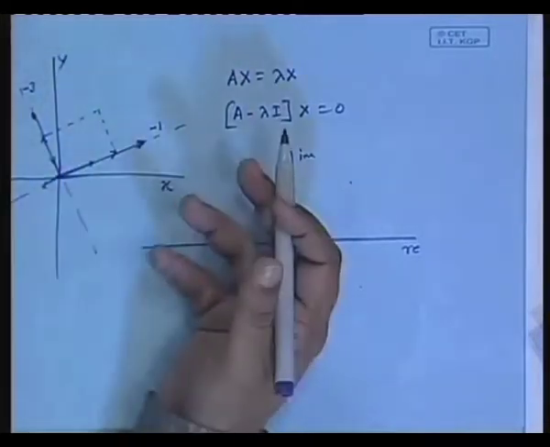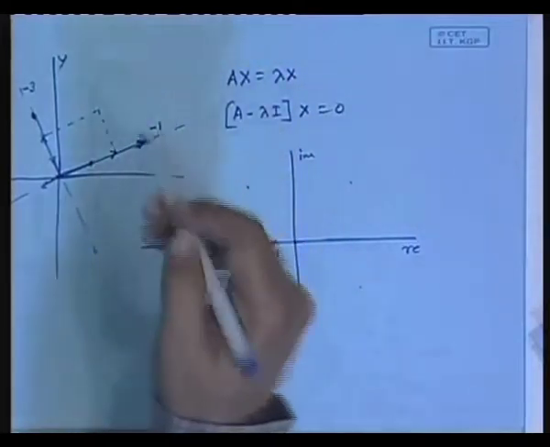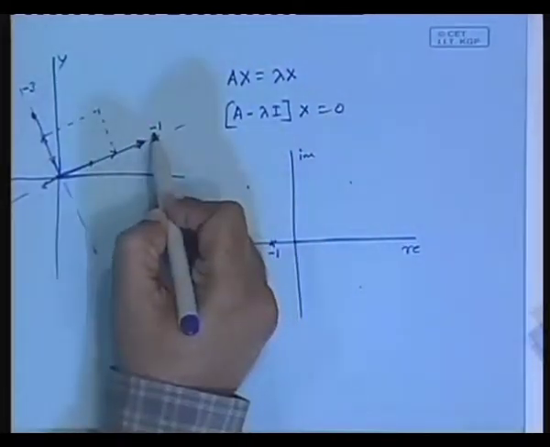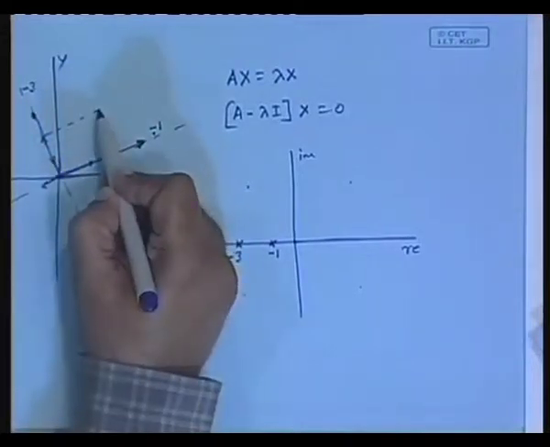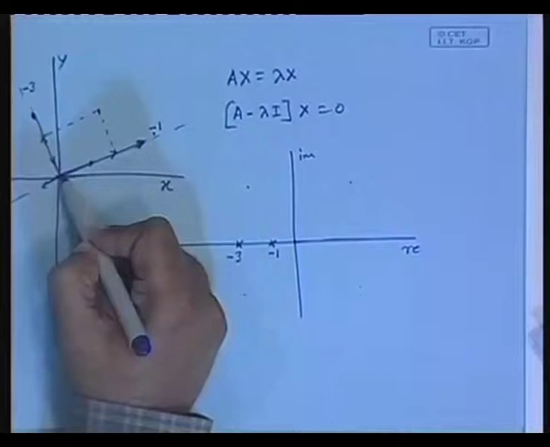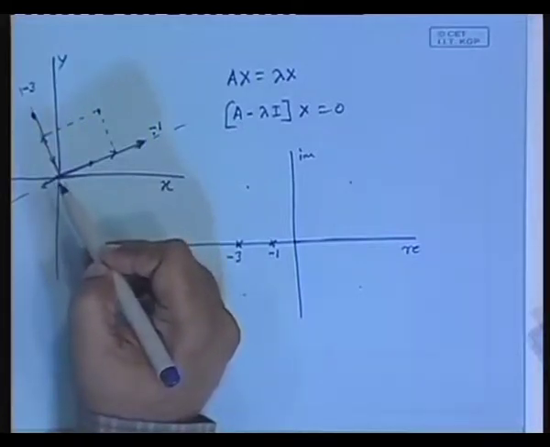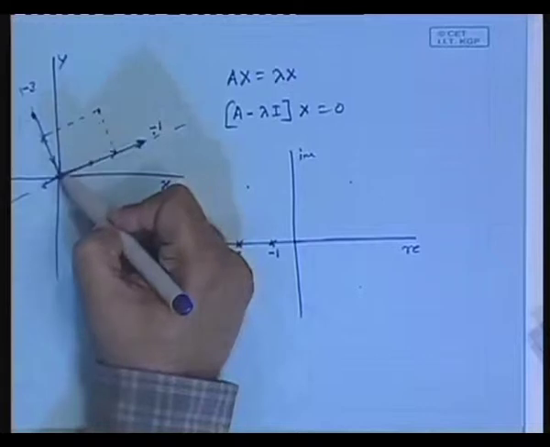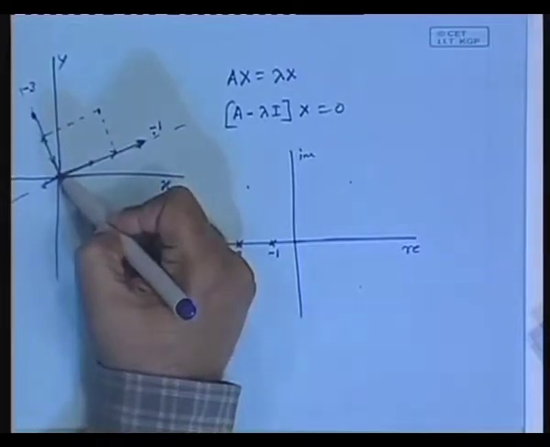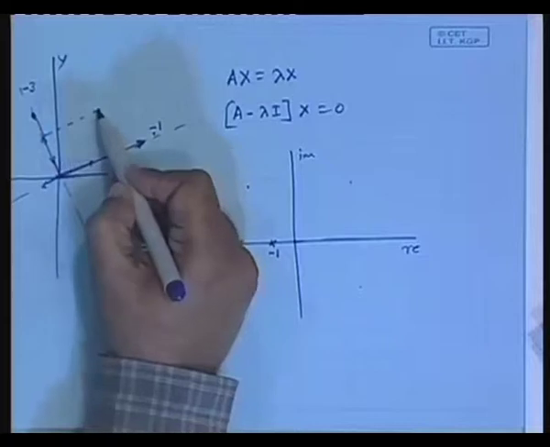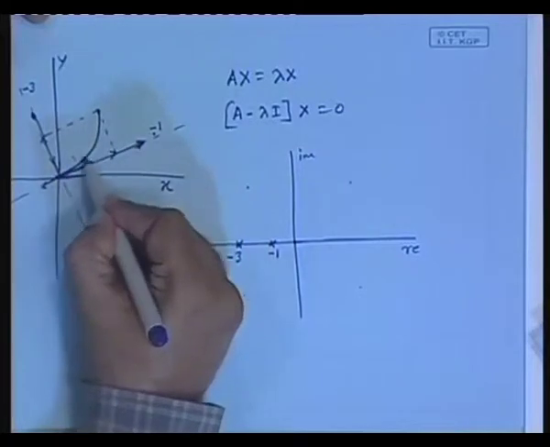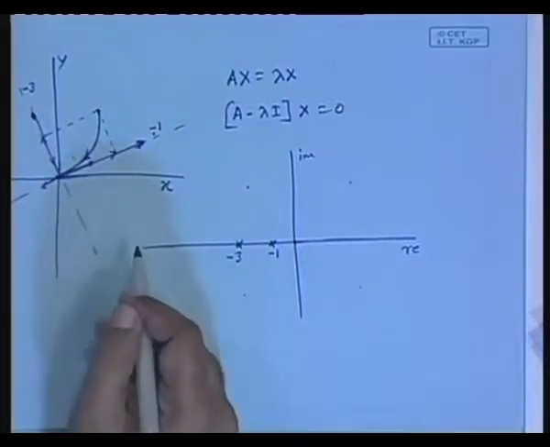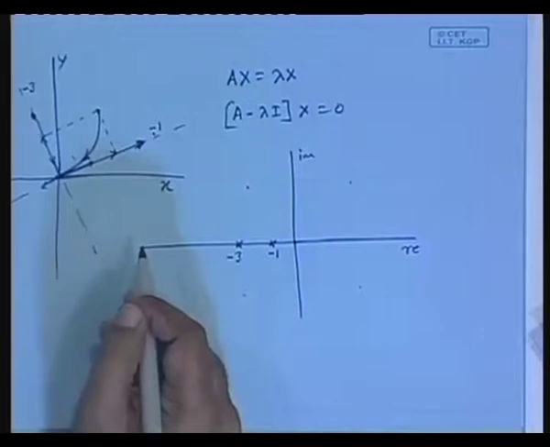This vector will die down as e to the power -1t, and this vector will die down at a rate e to the power -3t. As a result, this will finally come closer and closer to the equilibrium point. How? Can you figure out how? Will it come like this? No, it cannot come like that. It will die down faster in that direction, and therefore it will come like this. Right?